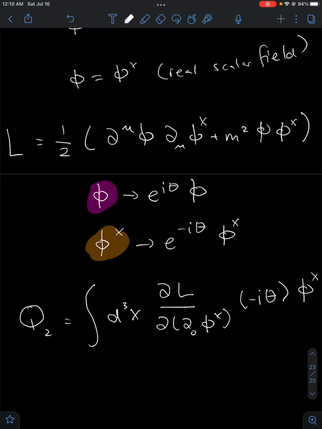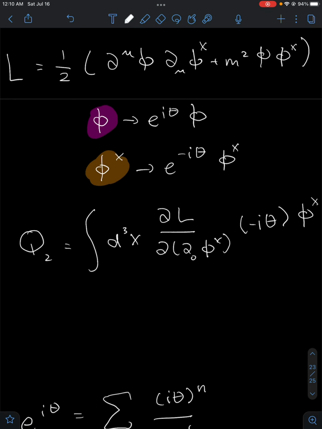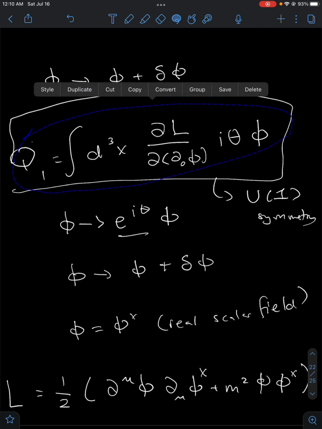All we did here was we just conjugated our complex scalar field. So now we have two conserved quantities. How cool is that? Let's copy and paste the first one for comparison.